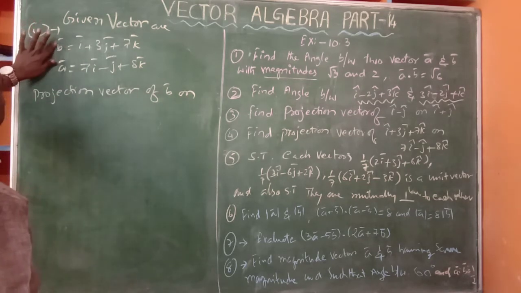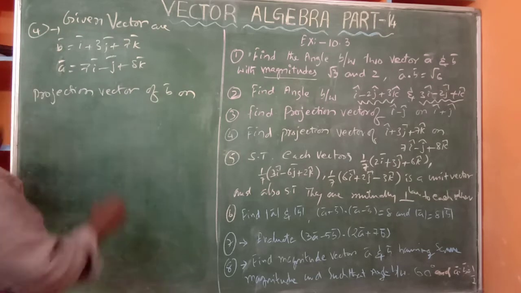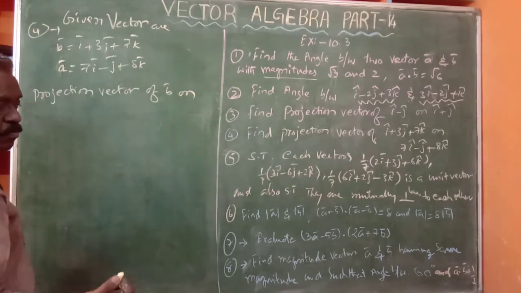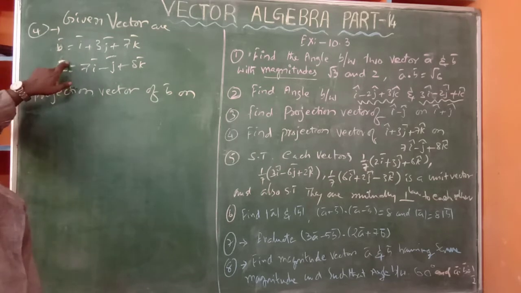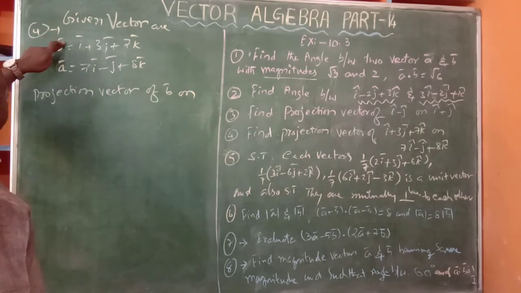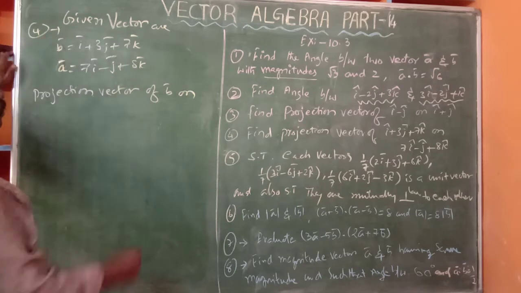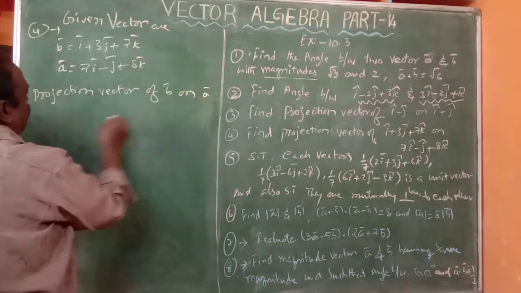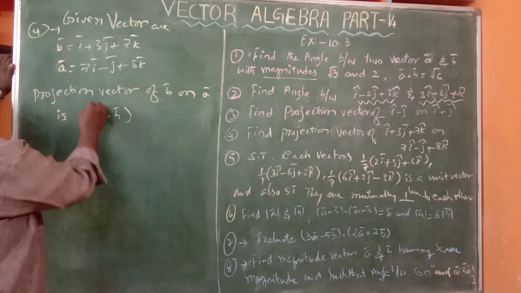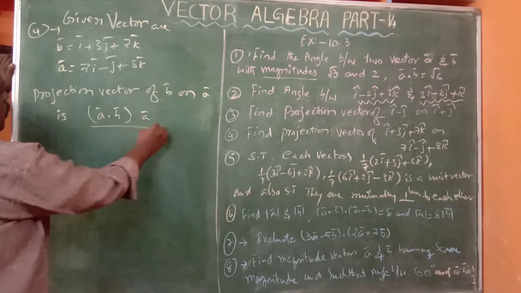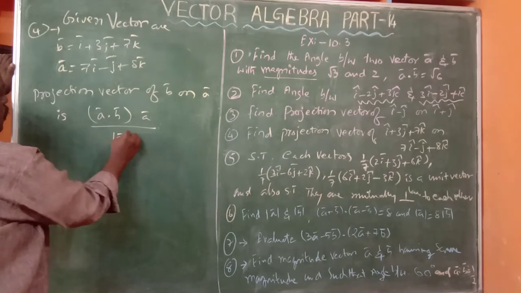On which we find the projection, that vector is A bar, that is the second vector. And the vector for which we are finding the projection is the first vector. The projection of B bar on A bar is A bar dot B bar into A bar by modulus of A bar square.